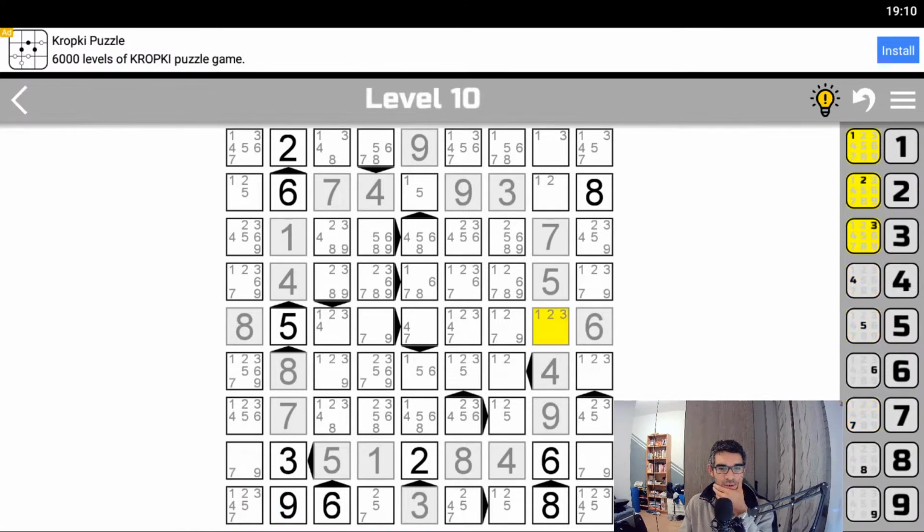So let me see here if I can use something very quickly, or I can find some spots for some numbers which are forced. Taking a look at the ones in the lines, or at the twos. So no ones. Take a look at the ones in the column.